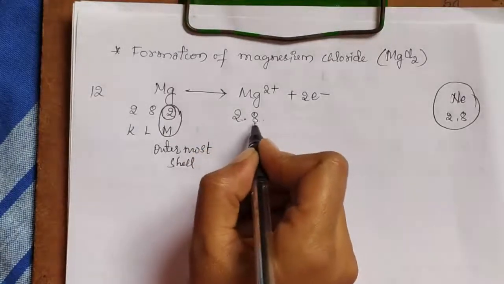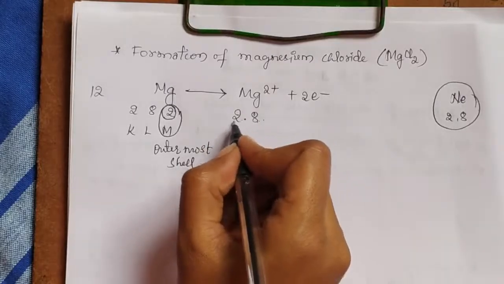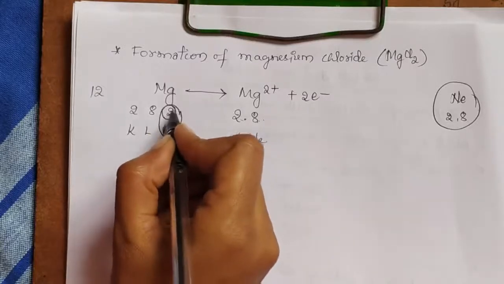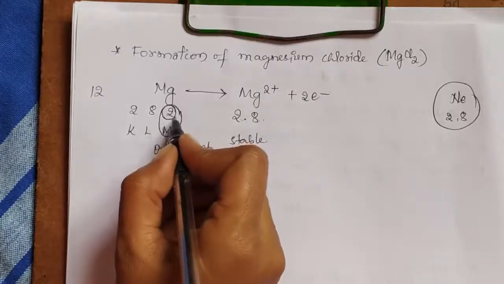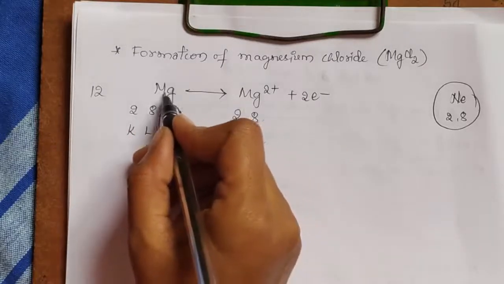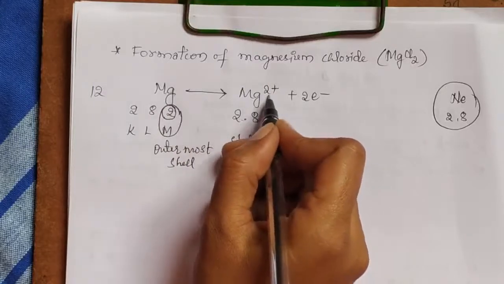It is the electronic configuration of neon. It attained it, now it is stable. See here, 2 valence electrons are lost by this magnesium, and neutral magnesium is converted into magnesium cation.